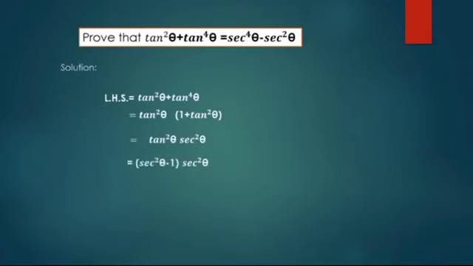So secant square theta minus 1 into secant square theta. We can multiply these two. Secant square theta into secant square theta, secant to the power of 4 theta, minus 1 into secant square theta, secant square theta. These are equal. So LHS is equal to RHS.